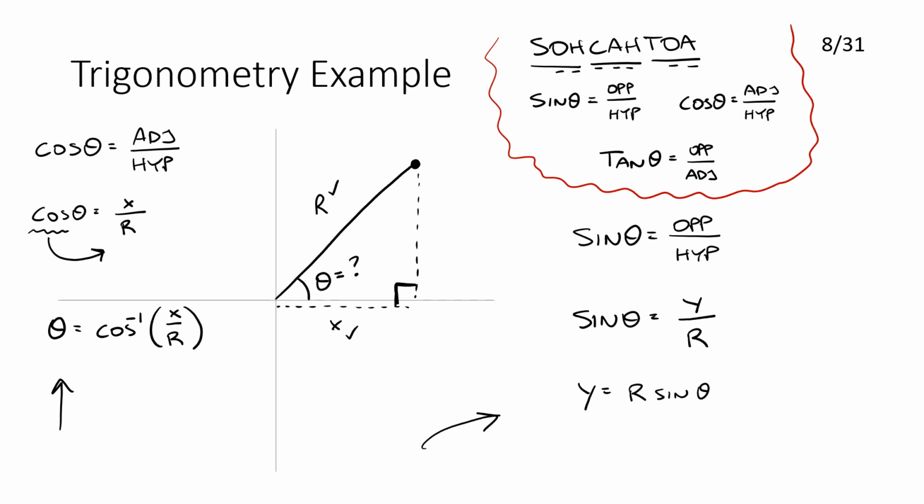So this is just some very basic relationships that will carry over into other semesters. Okay, moving on. Once we know we can do this, we're going to see how we can actually use this when we talk about vectors.